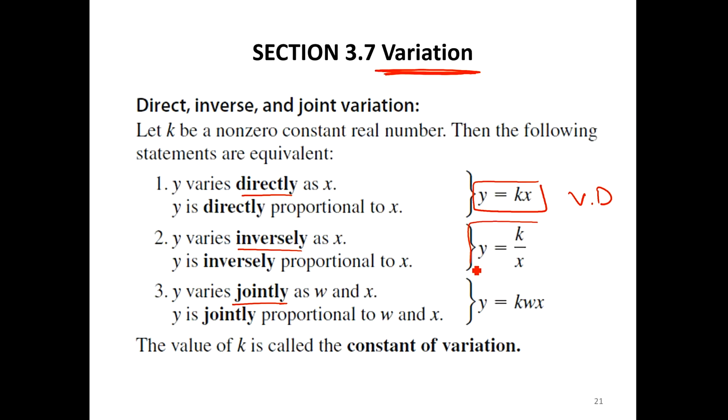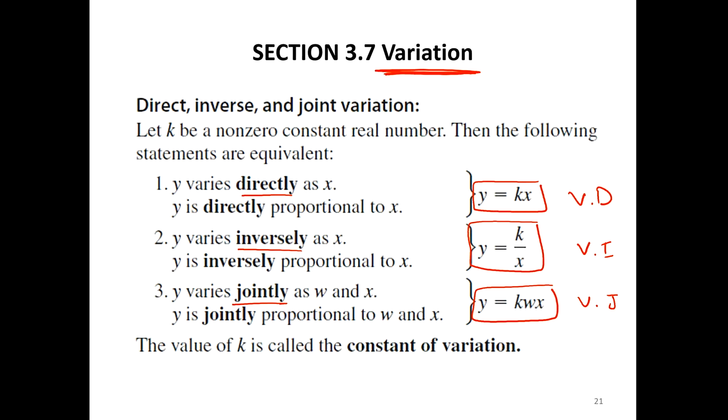And this is the form for varying inversely. And this is the form if we have jointly varying. Okay?